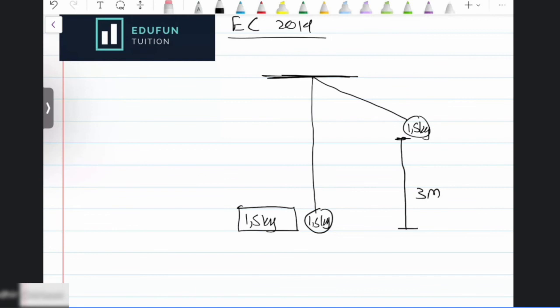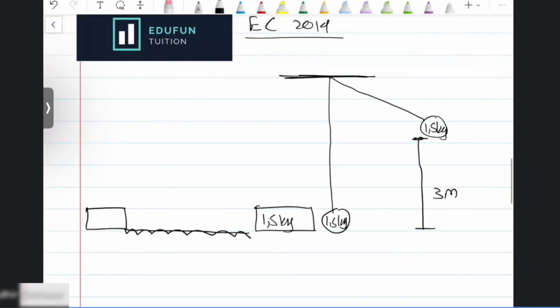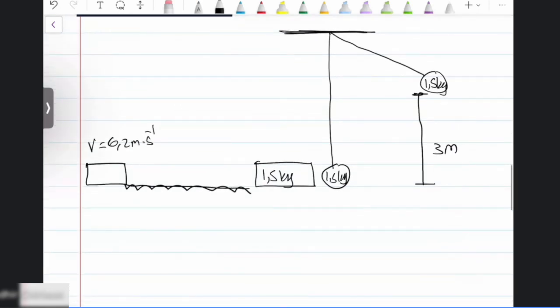This block moves off. They say that there is some sort of friction there, or it's a rough surface, and eventually this thing gets to a velocity of 6.2 meters per second. Okay, so that's what they tell us here.